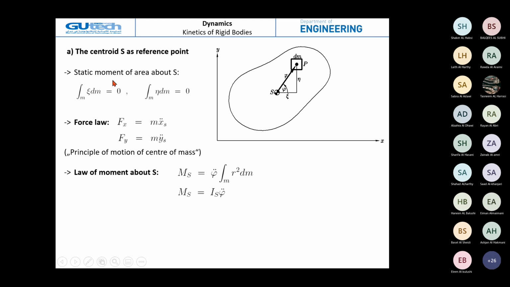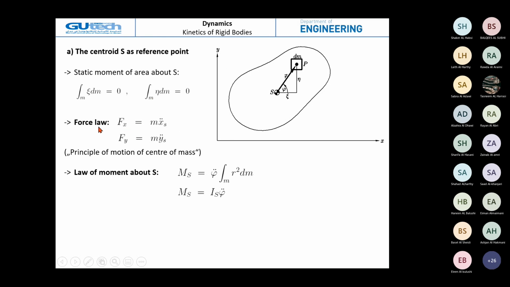Now we take what we call the static moment of area about S. You should have seen this in Mechanics 2. By definition, it is given as the integral with respect to the mass m, ξ dm in the x direction and η dm in the y direction.